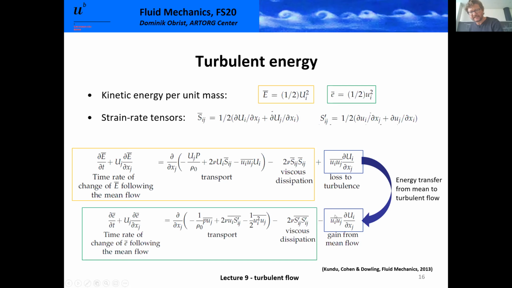And because you have exactly the same term in the turbulent kinetic energy equation, but with an opposite sign, whatever is drained from the mean flow is added to the turbulent flow. This is a very, very important concept to understand turbulence. In turbulence, the larger scale structures, the mean structures, always transfer their energy toward the smaller, the turbulent, the fluctuating scales. Energy transfer from mean to turbulent flow, a very classical concept of turbulence.